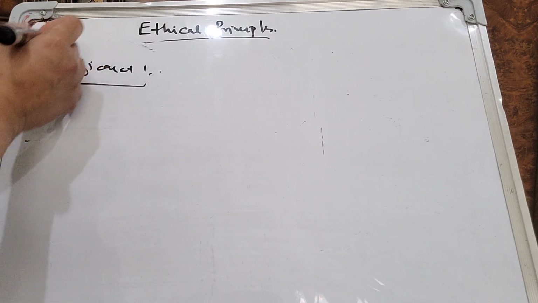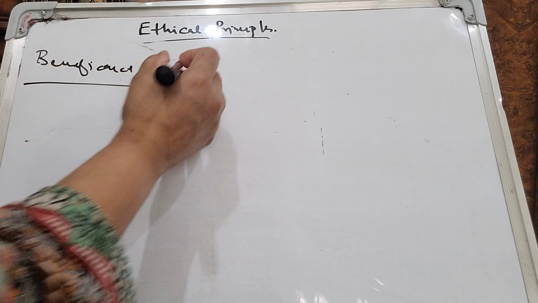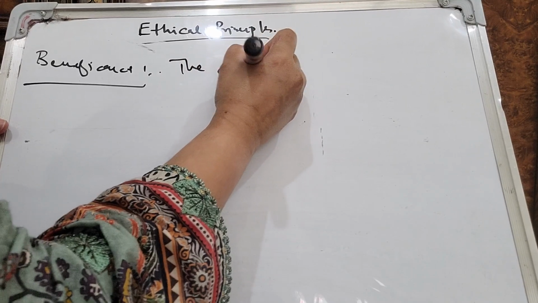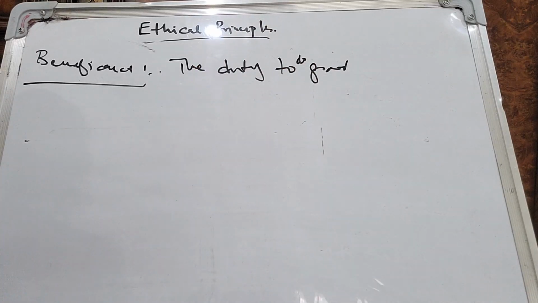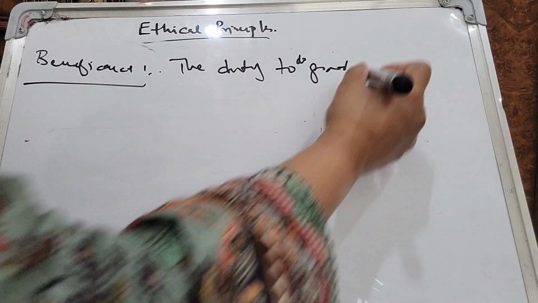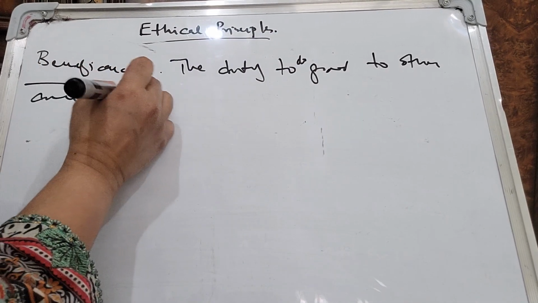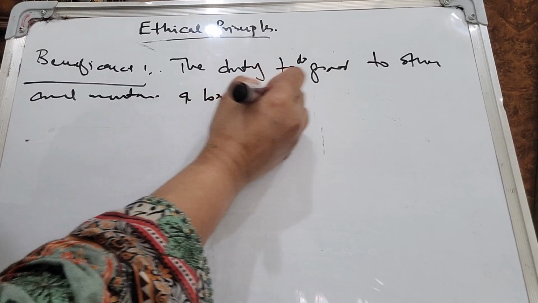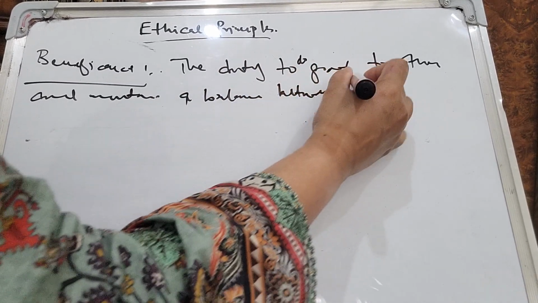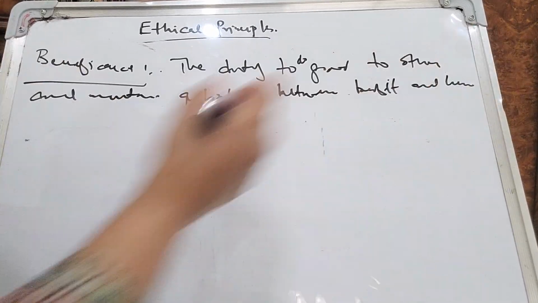The next is beneficence. You can see from the word, benefit. Beneficence, give good to the patient. The duty to do good to others and maintain a balance between benefit and harm.